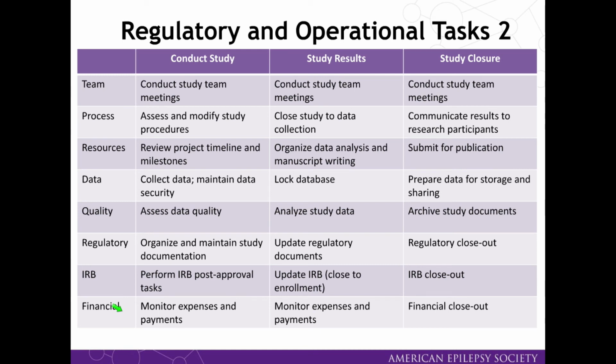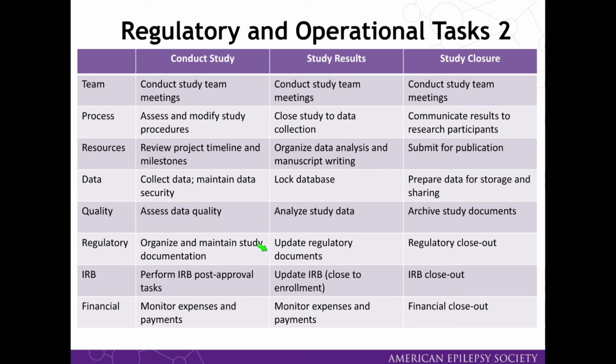And then study results is the process of closing the study to new data and beginning to actually do the analysis. So you'll, again, meet with your study team to discuss the analysis plan. You'll start doing the data analysis and writing your manuscript. You'll make sure that your regulatory documents and IRB are all up to date for closing the study and still monitor your expenses.